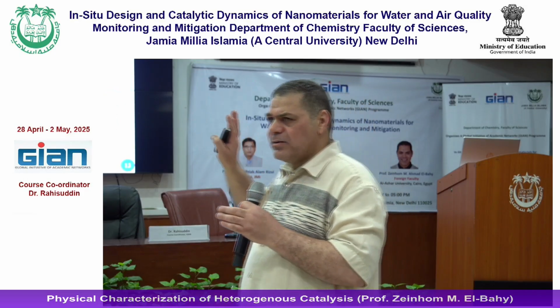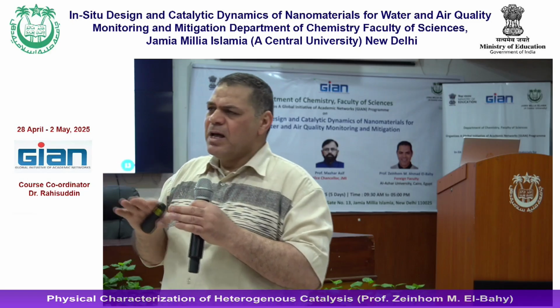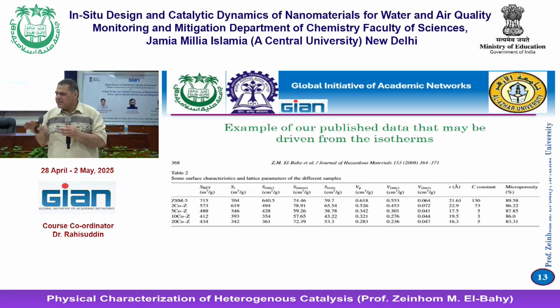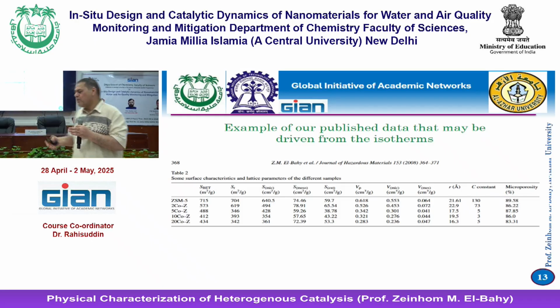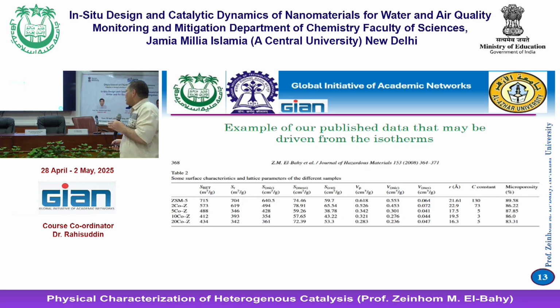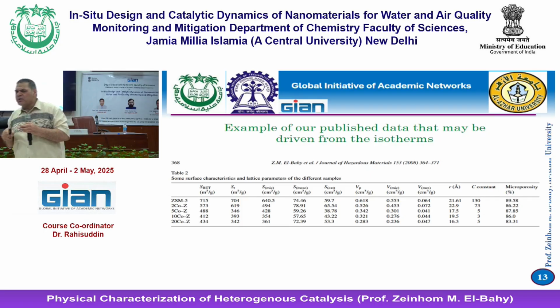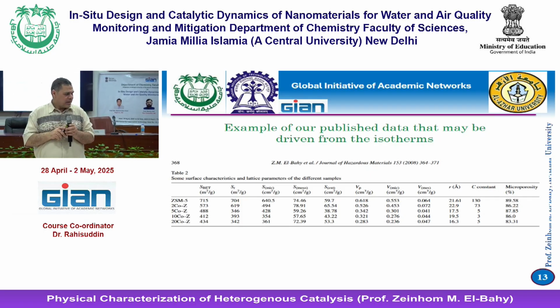I think we just gave you a general idea about surface area measurements and what you can get and what you can do with this technique. The other technique, which is also a very important technique, that you will use to see and detect what is the surface composition of your material.